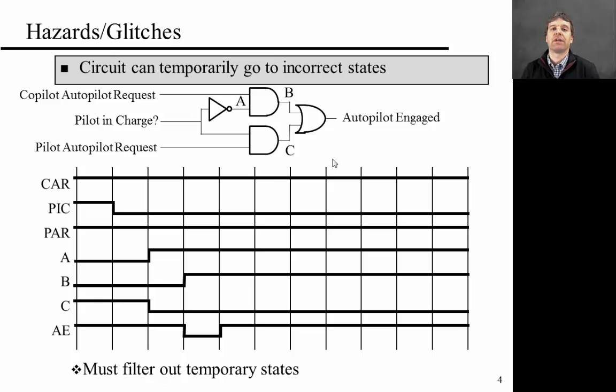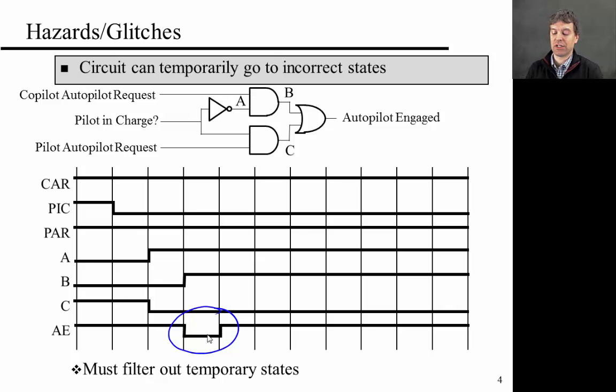A major potential issue with having feedback is that glitches or errors can be dramatically amplified. We've seen in the previous example, in this autopilot controller, there can be a situation where the autopilot is not engaged, so the pilot is not in charge, so essentially nobody's flying this plane.